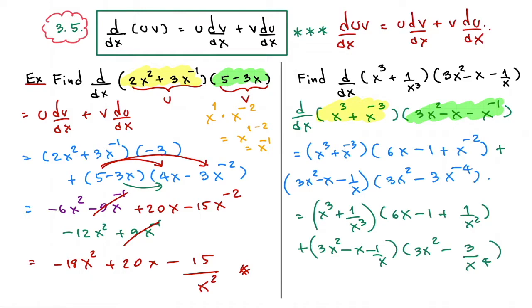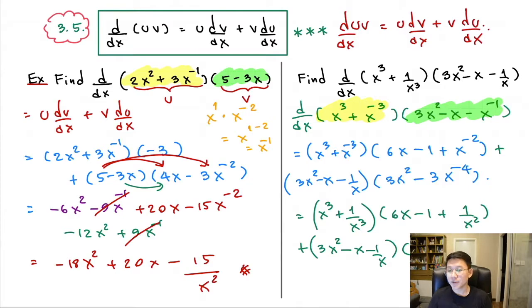And if you want, you can just stop here. In the exam, you can stop here as well. I'll give you full marks if you can get to this point.